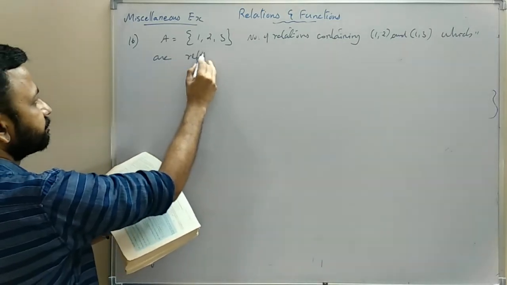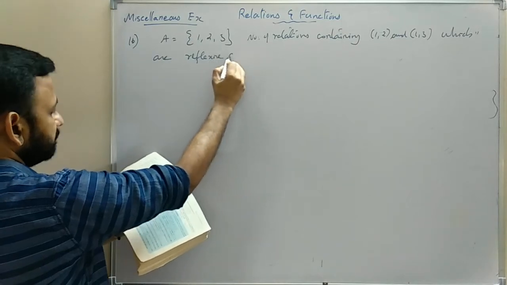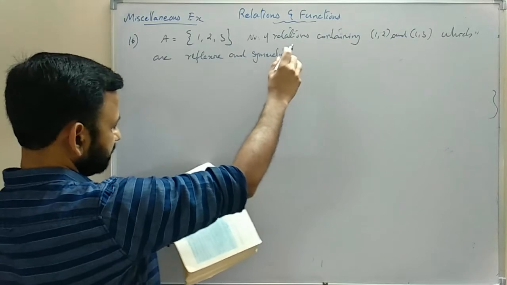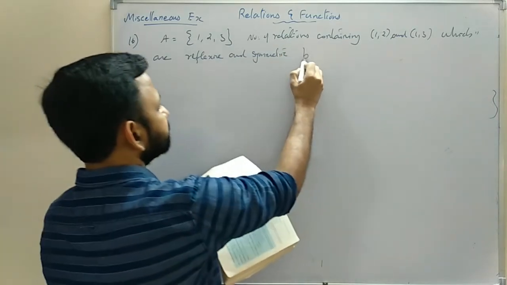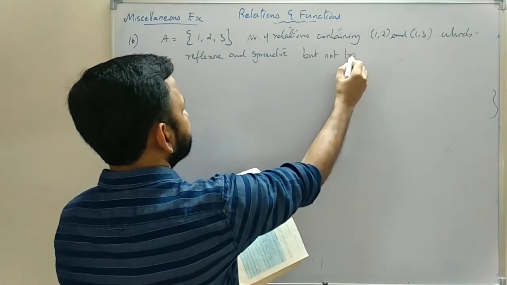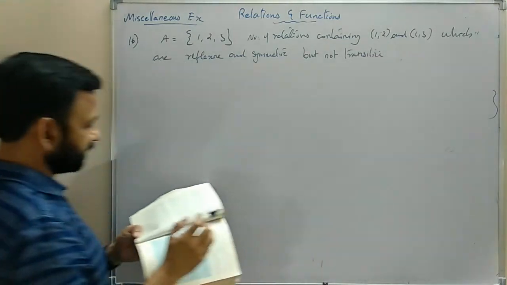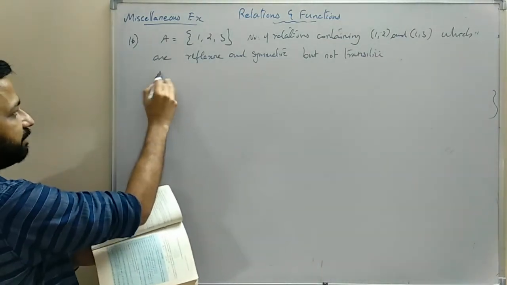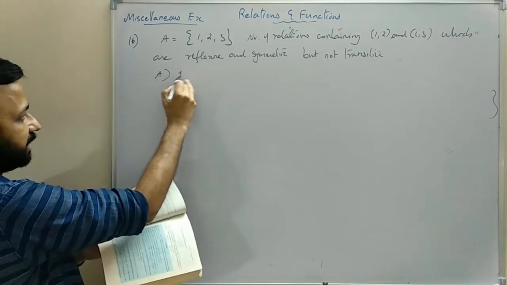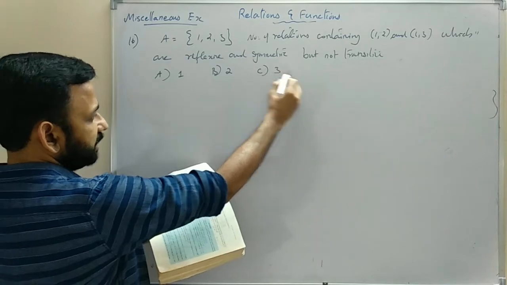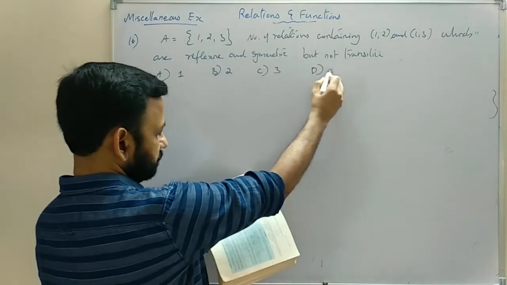reflexive and symmetric but not transitive. And here we have options: A is equal to 1, B is equal to 2, C is equal to 3 and D is equal to 4.